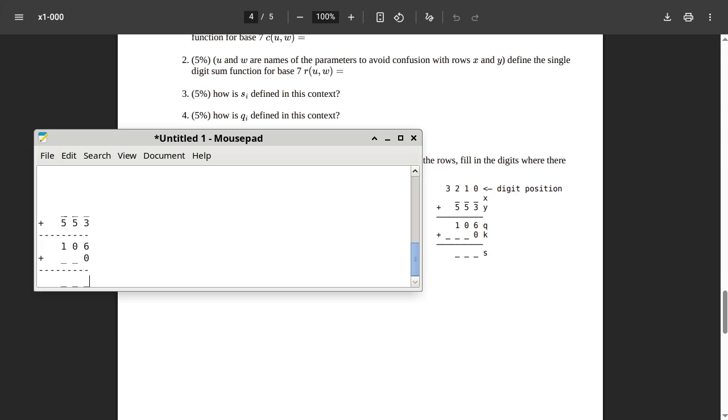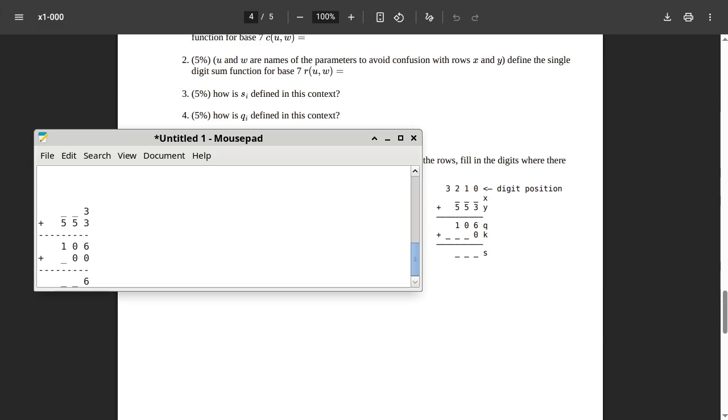In base 7, what do you add to 3 to get a 6? That's a 3. So now we have 3 plus 3, which is a 6. 6 plus 0 is also a 6 in base 7. Does any one of these additions, 3 plus 3 or 6 plus 0, end up with a carry of 1? Nope. So we put a 0 here.